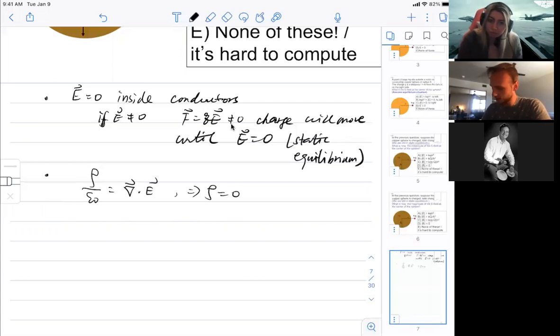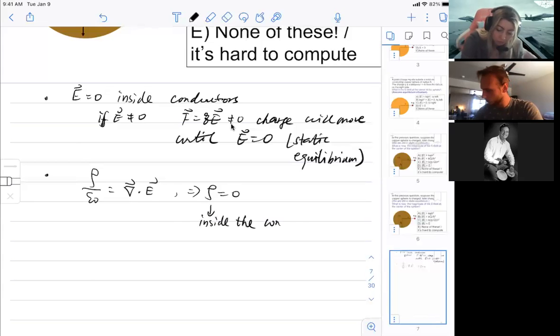Now this seems a little strange, because of course all materials are made of positive protons and negative electrons. Why do we see the density is 0? Density is an overall quantity. If it overall appears to be neutral, then you can say the charge density is 0 because the positive and negative charges cancel each other. So rho is always 0 inside the conductors.